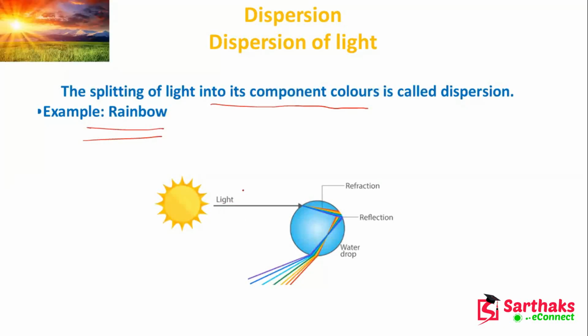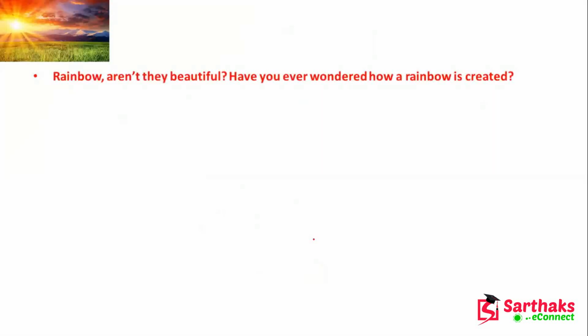Here you can see white light comes to the water drop and then it is dispersed. Have you ever wondered how a rainbow is created? It is the simple physical phenomenon of dispersion of light.